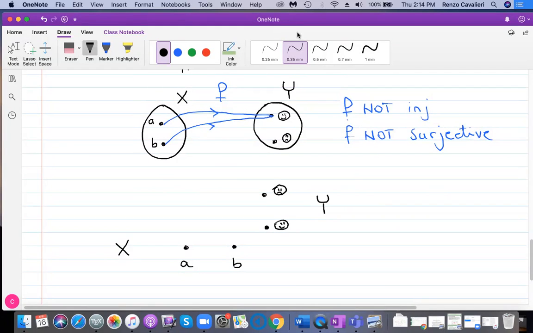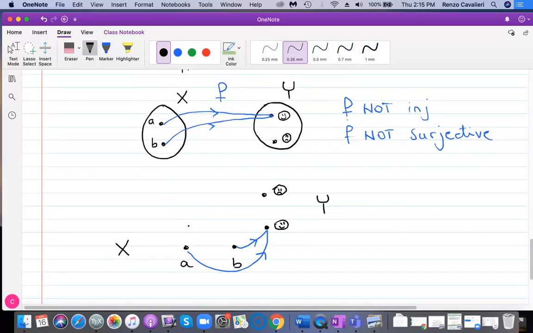And then I can draw the arrows here, exactly as I did before: b goes to smiley and a goes to smiley.